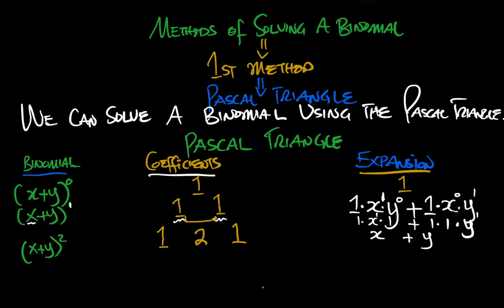Now, the expansion will begin. We have the first coefficient, which is 1. So we're going to have 1 multiplied by the first variable, which is x, and it's going to take the highest degree, which is 2.